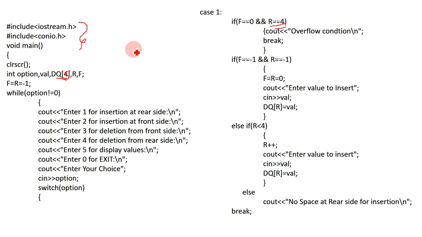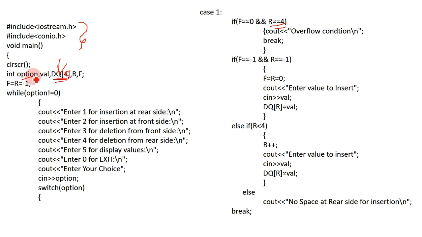So if this is 4, then this value will be 3, and this will also be 3. So this is my mistake again, DQ of 5. Okay, I made a mistake in this. DQ of 5 means that you are assigning 5 values to this array.